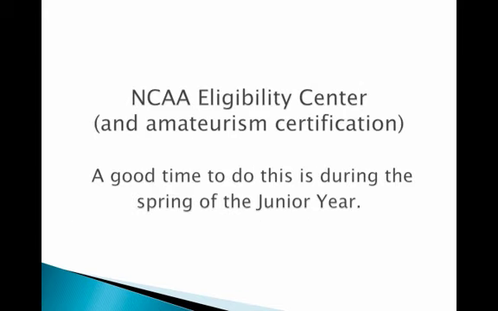Now, being eligible is one thing, but you have to actually go through the process for the NCAA to verify that you are in fact eligible. So if you're going to play softball in the NCAA, you're going to have to go through the Eligibility Center. And a good time to go through this process, and it's basically paperwork that now we do on the computer, is during the spring of your junior year.